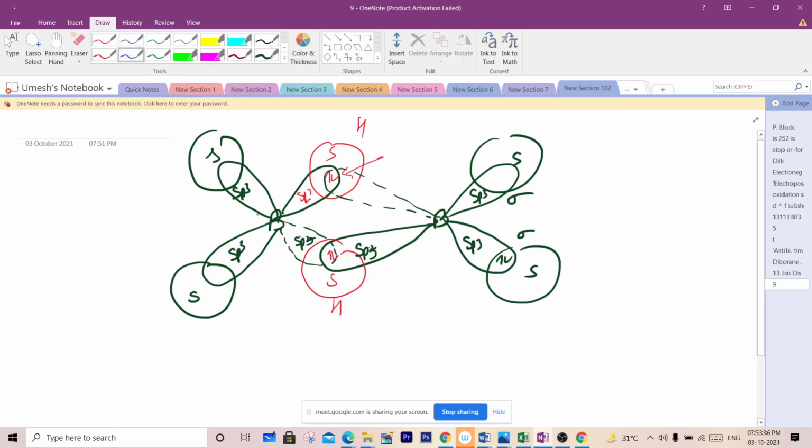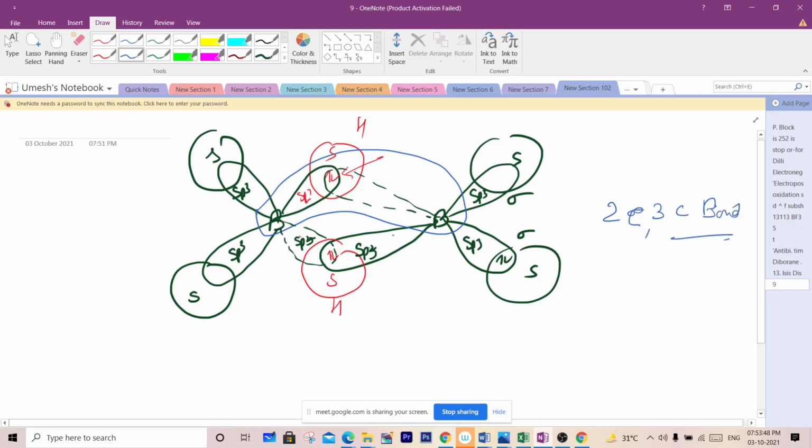If you connect these three points, we call it a 2 electron 3 center bond. One is above and one below. It is like that. That is why we call it a banana bond, due to its shape.